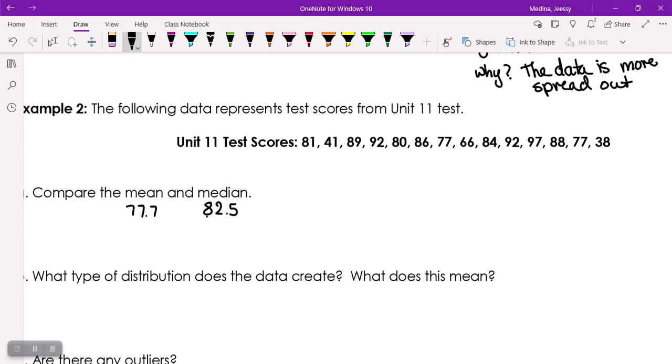All right, now that you know what to do, this is the fastest way. It says to compare them. What can we tell about the data just by looking at these two numbers? The median is bigger. And what does it mean when the median is bigger?